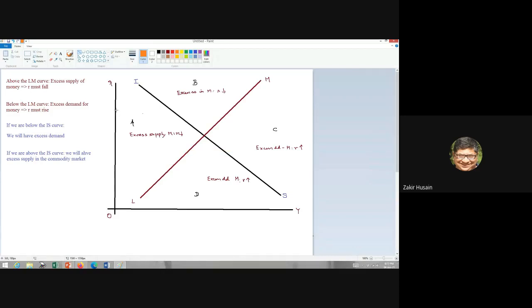On the other hand, if you have a point like this, what does it mean? If the rate of interest is this, people want this much for market clearing, but you're supplying only this much. So if we are below the IS curve, we are going to have excess demand. There will be a shortfall or deficit in income. But if we are above the IS curve, we are going to have excess supply in the commodity market.